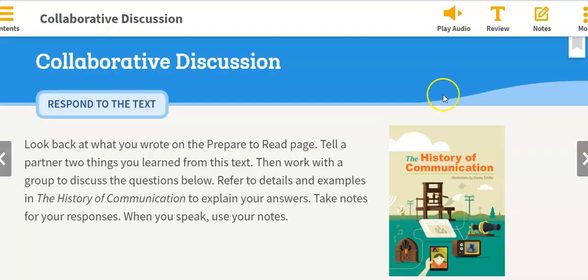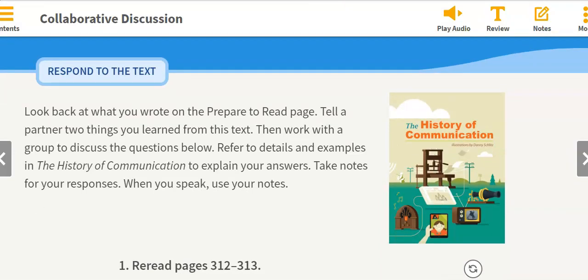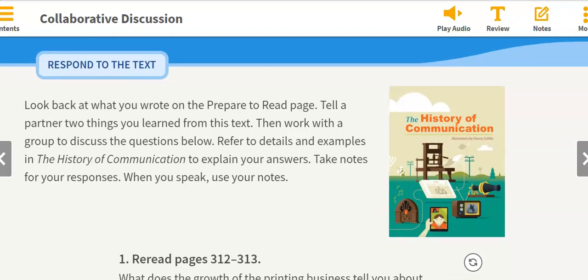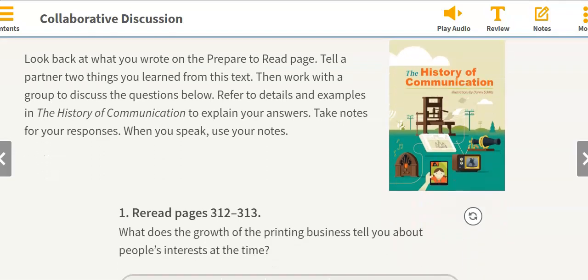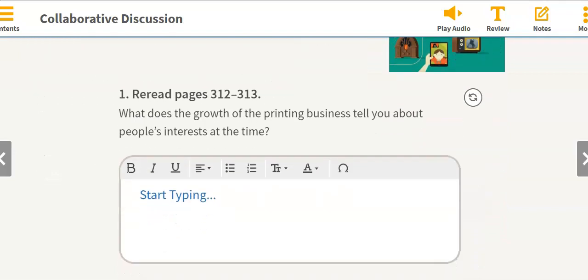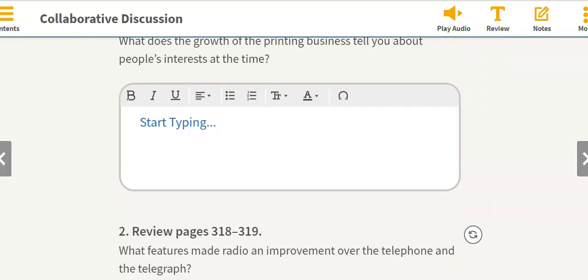After you finish reading the story, I want you to do the collaborative discussion section. I do realize, yes, you're not going to be able to talk to the people in your group, but I want you to go through and answer these questions. I want you to use complete sentences and use your best grammar and punctuation. All right, kiddos?